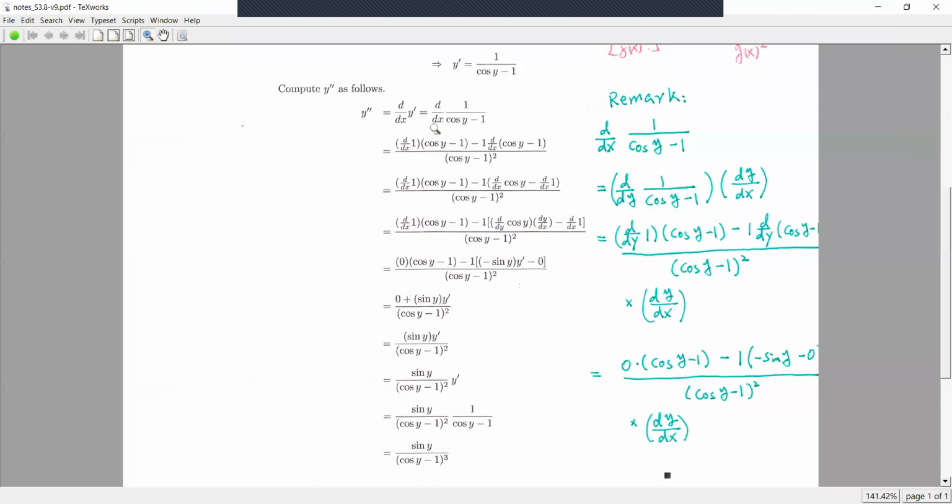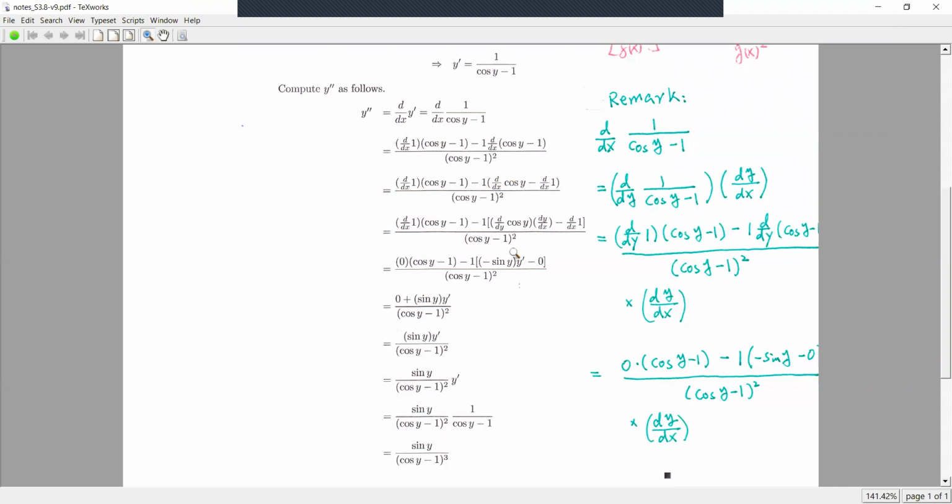About the computation of this derivative, I have a remark. When I compute this derivative, I apply the quotient rule to get this equation. When I compute this derivative, I apply the chain rule to get this equation.